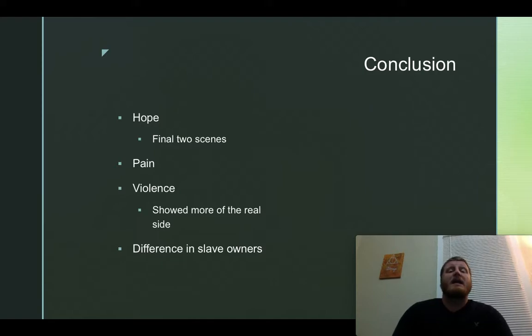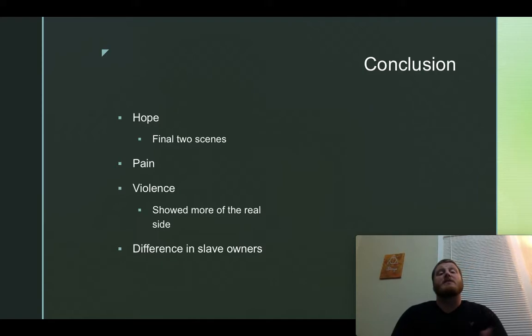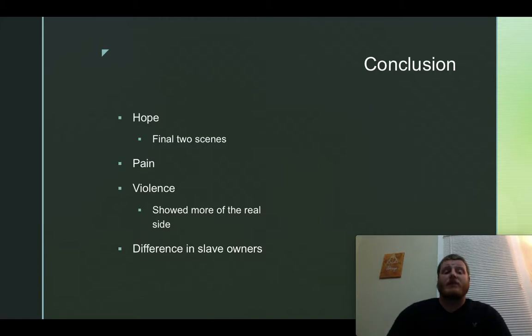It shows a lot more pain in the slaves through the mental and physical abuse that they had to endure, but I also think that it shows the continuous pain of slavery and the long lasting effects of that pain leading up to the Civil War, the Civil Rights Movement, and even today. That pain is still there, and there is a lot of healing to do to get that pain over with.